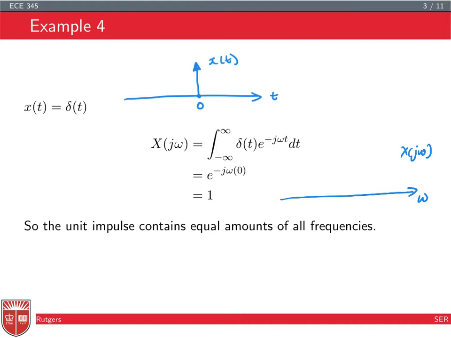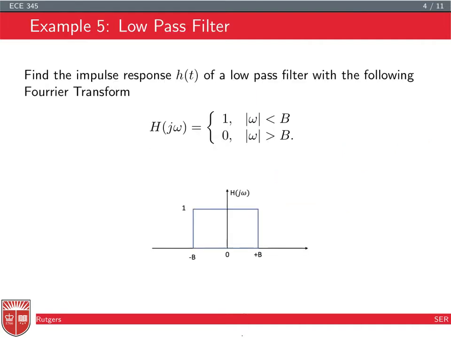Let's say this is 0, and this is X of j omega. It's equal to 1 everywhere, which means that the impulse function has all frequencies. If this corresponds to a noise, it is referred to as white noise because it contains all the frequencies.